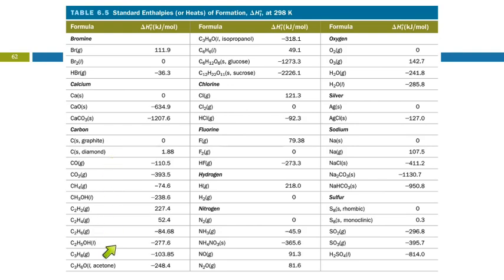So we can look at all of these different compounds, and they're organized here by different elements, like sodium. Here's sodium solid, and here's sodium in the gas state. It's a little strange to think of metals in the gas state, but you can do that. You can get metals into the gas state.